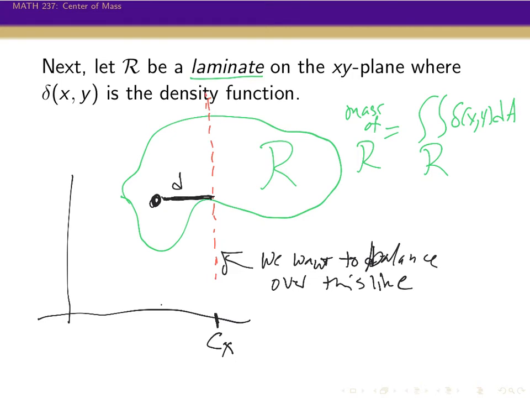So if this is happening at x, my force pulling down at this point is going to be proportional to the mass at this point, let's call that delta m, times the distance x is from cx. Okay. And so we have the same sort of formula that we had before.